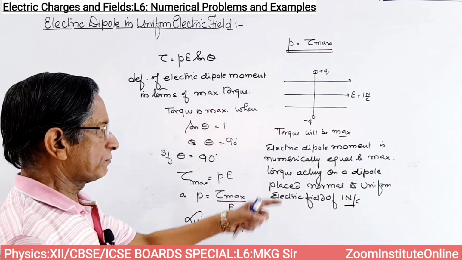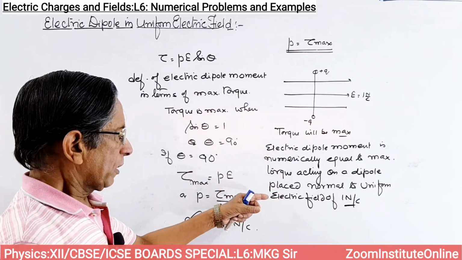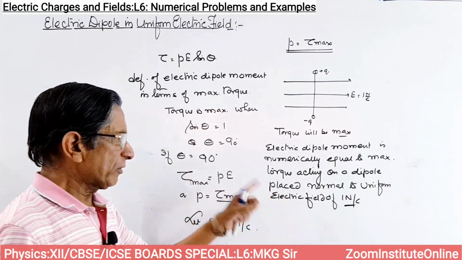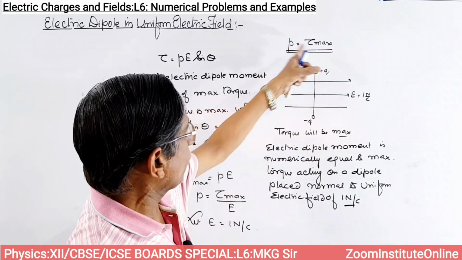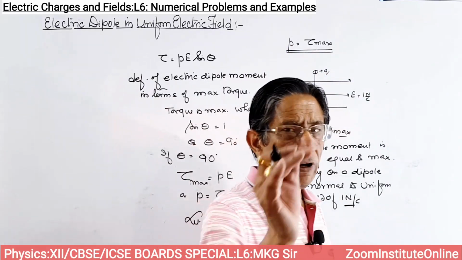If a dipole is placed normal to uniform electric field of 1 Newton per Coulomb, the maximum torque acting on it is called electric dipole moment.